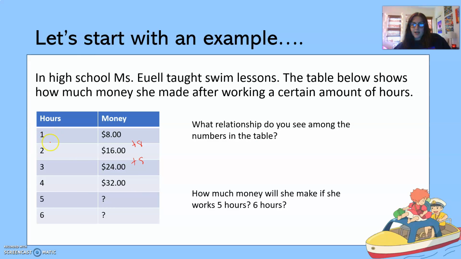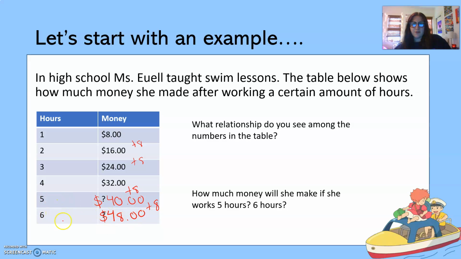So I can use what I know from here to determine how much I will make in 5 hours and 6 hours. So if I'm adding 8 each time, at 5 hours, I would add 8 to 32. So 5 hours, I would make $40. Add another 8, and for 6 hours of work, I would make $48.